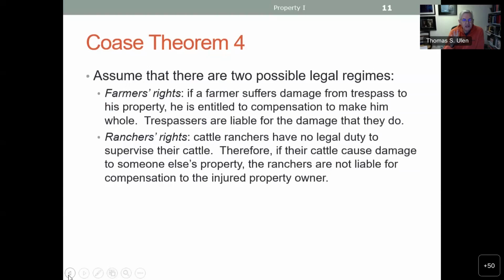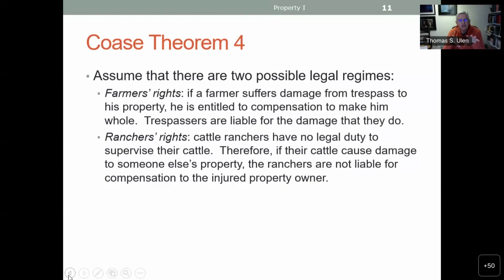Most legal analysis would not imagine a regime of ranchers' rights. They focus on causation of harm. And it's clear the causation of the harm are the unsupervised cattle. And that would be enough for the legal argument to make this a regime of farmers' rights.